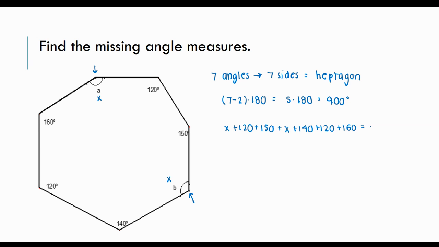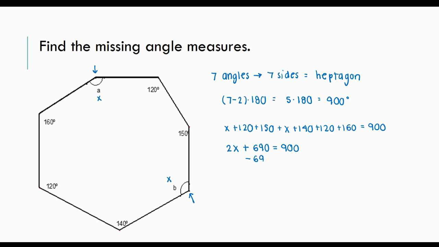So there's all 7 of them, and we just found out that they have to add up to 900. We've got X's to combine, so that gives me 2X, and now I'm going to add up all those numbers. So 120 plus 150 plus 140 plus 120 plus 160 looks like that's going to give us 690 degrees.